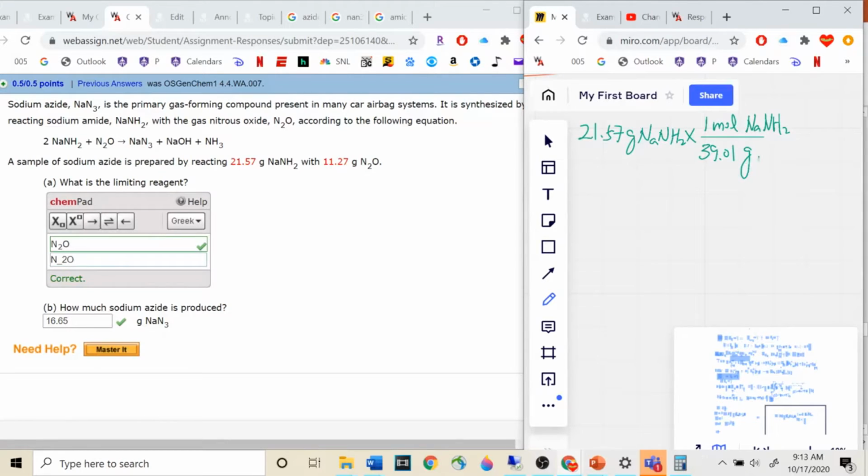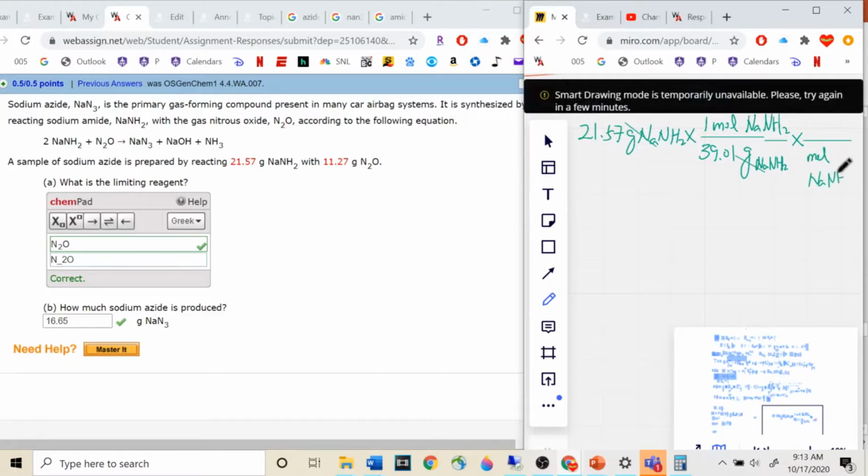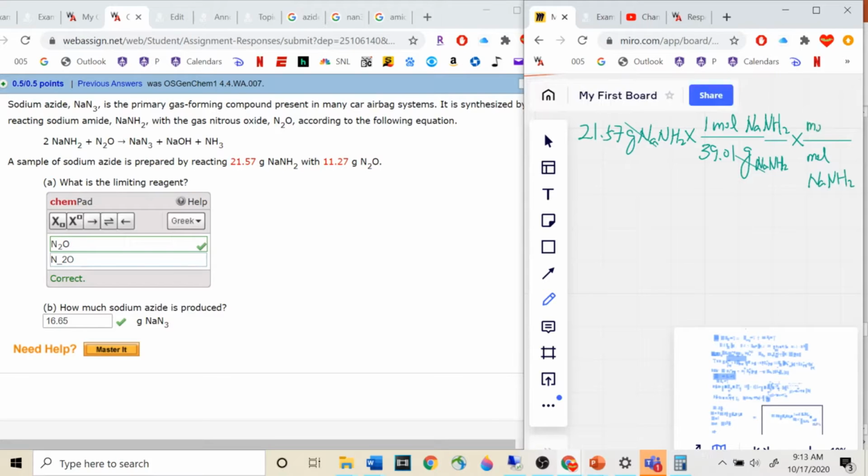On the bottom, the same thing, NaNH2. Grams and grams are cancelled. Now we need to convert from moles of NaNH2 to moles of NaN3.